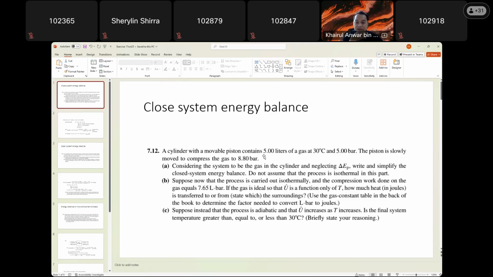Do not assume that the process is exactly adiabatic.